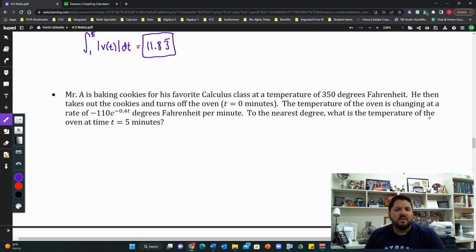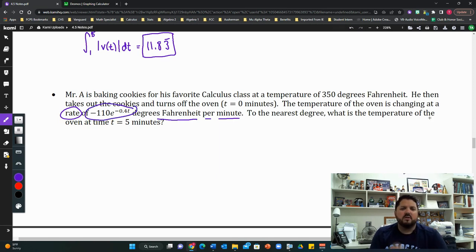The temperature of the oven is changing at a rate of -110 times e to the negative 0.4t degrees Fahrenheit per minute. So first off, it says rate, but also the units here, degrees Fahrenheit per minute, mean that this is a derivative.